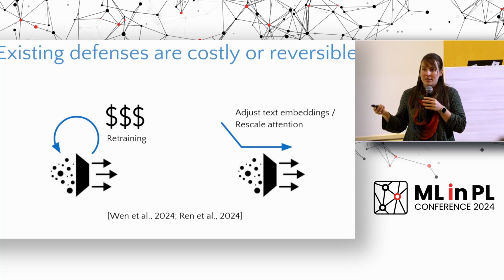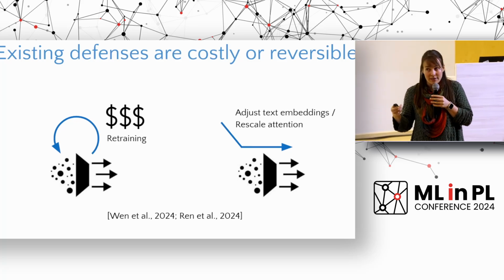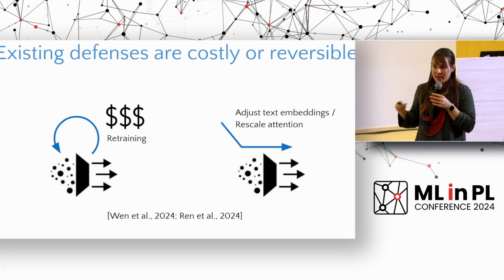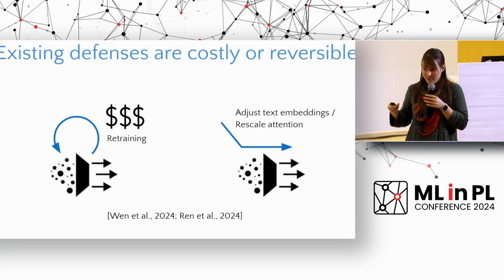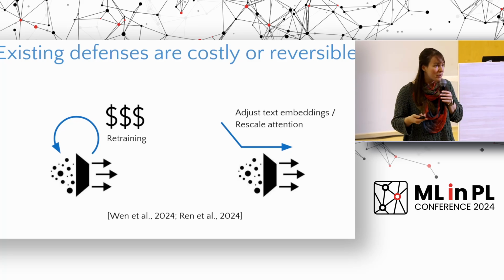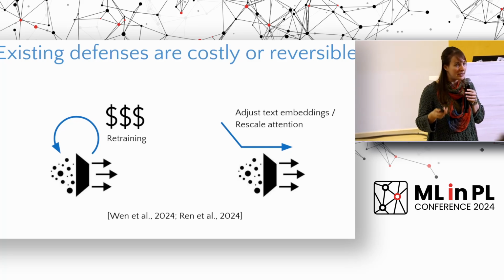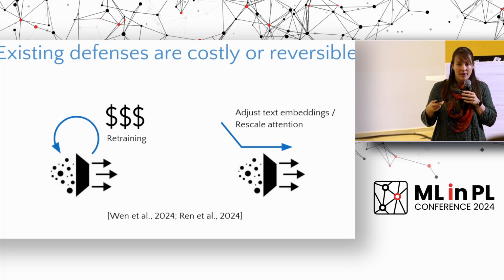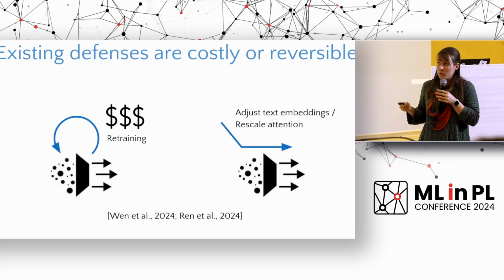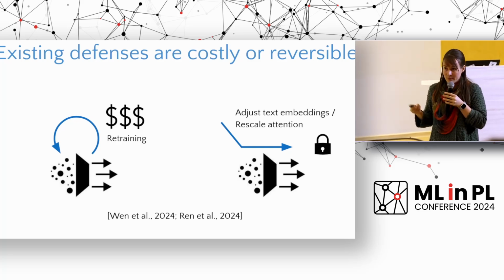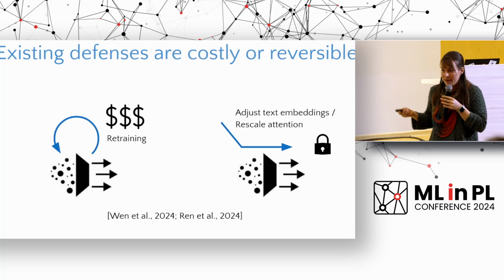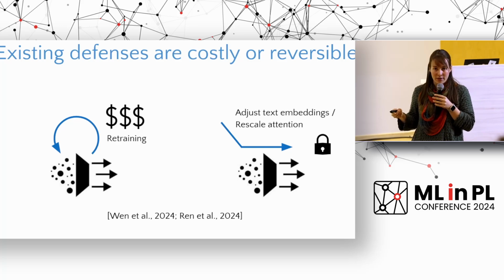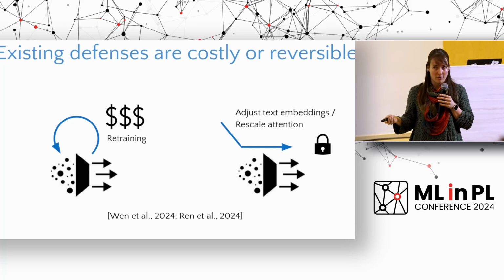You can also have the same effect by scaling the attentions, but this is inference time, so you need to do it at every diffusion step. And the problem with that is it only works if your model is behind a black box API. But at the moment that you release your model to the public and people can directly interact with it, these kinds of defenses will not work anymore.